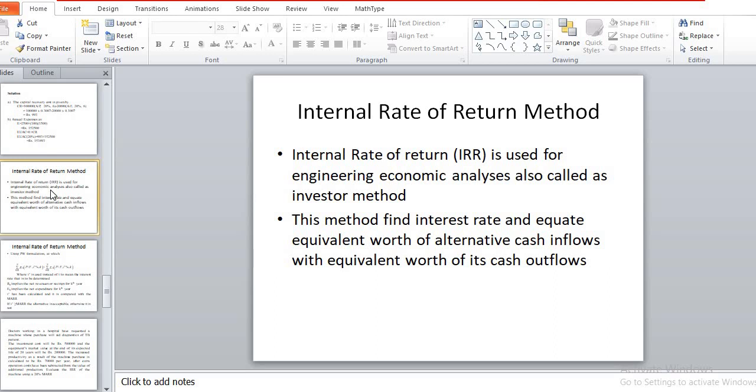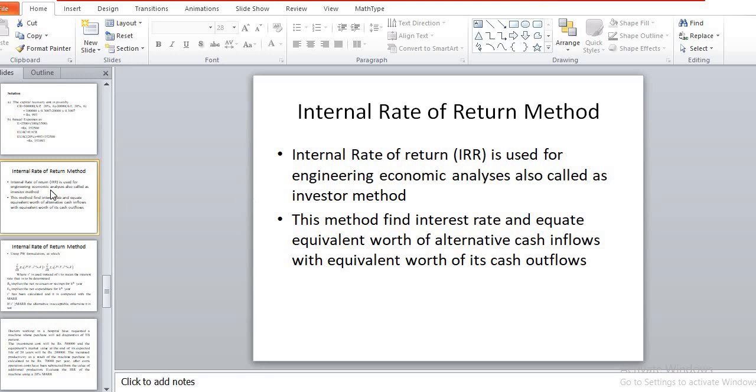So this method finds the interest rate by considering cash inflow and cash outflow, and by equating these, we are interested in finding a particular interest rate. To find this interest rate, we use either the present worth method, the future worth method, or the annual worth method.